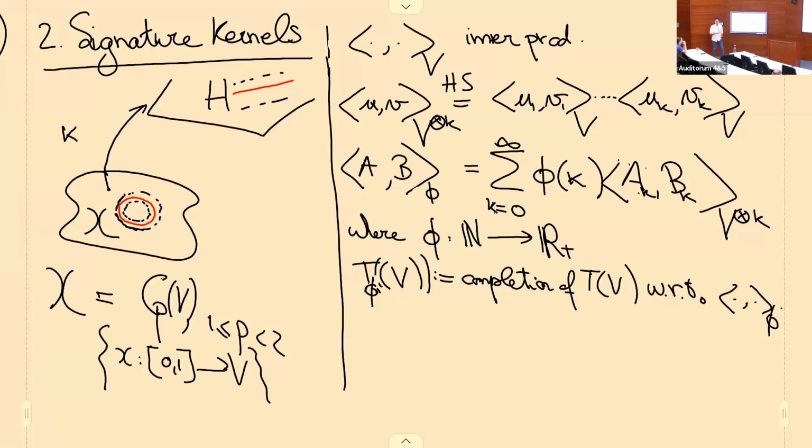The completion is the set of equivalence classes of Cauchy sequences that have the same limit in this space. So here is a Hilbert space.